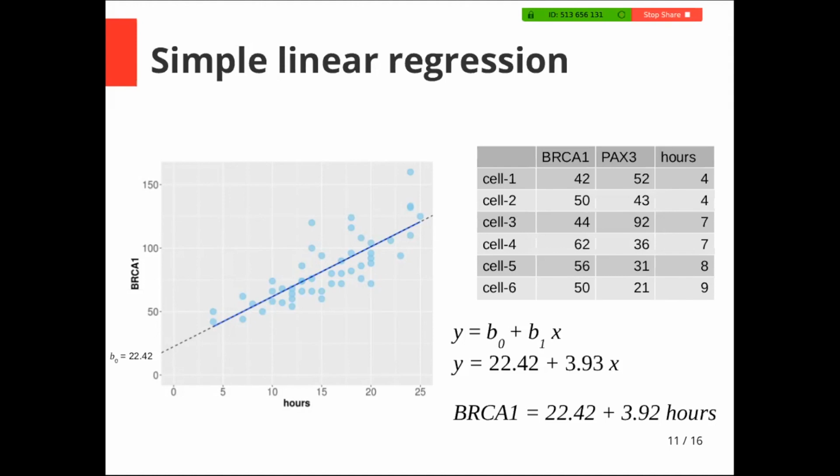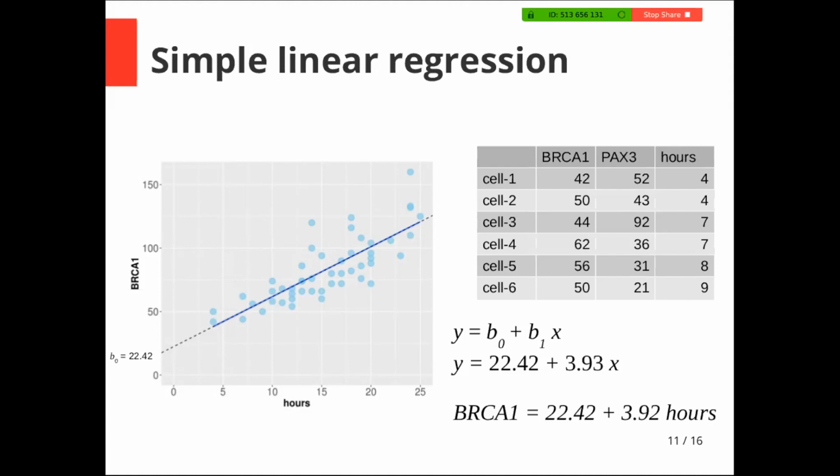So the equation of the line is given by this, y equals b0 plus b1 x. And when you use R or any statistical package, when you give the data, it gives you these values. So what do these values tell?